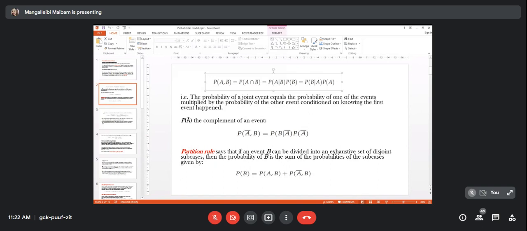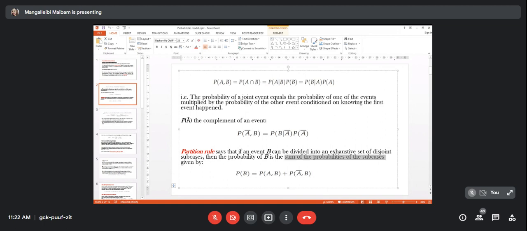Then the partition rule. It says that if an event B can be divided into an exhaustive set of disjoint subcases, then the probability of B is the sum of the probabilities of the subcases.